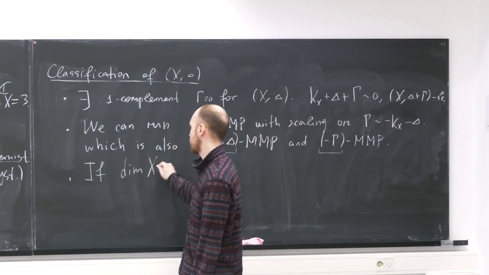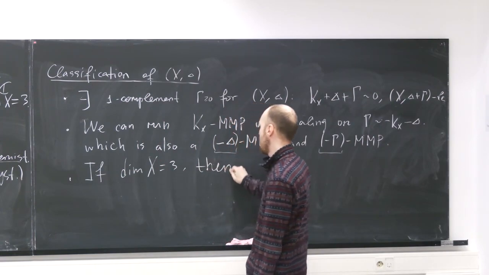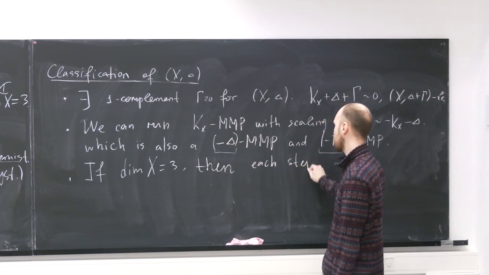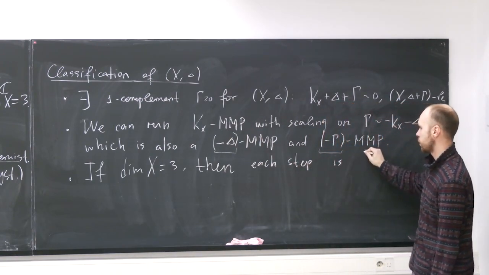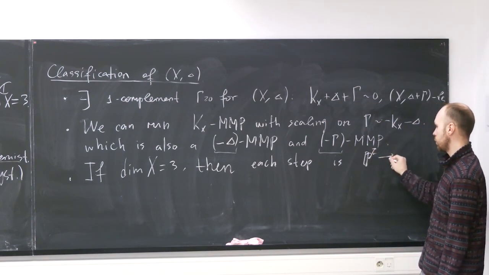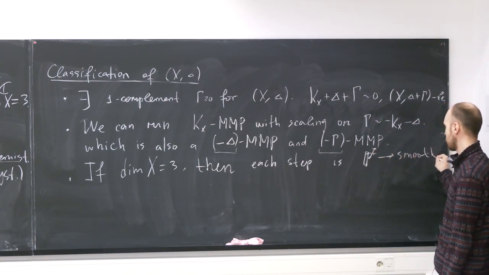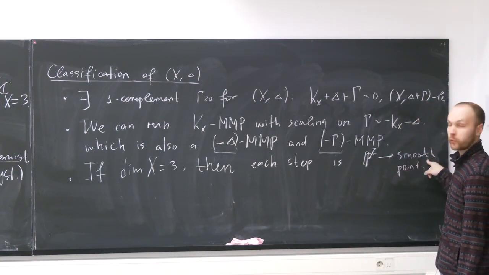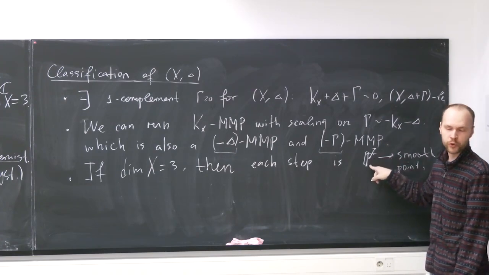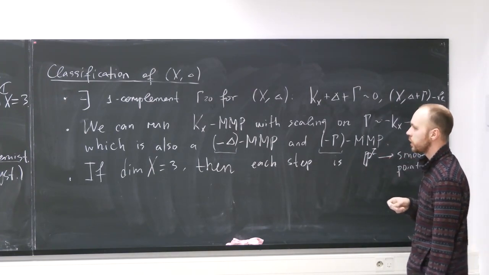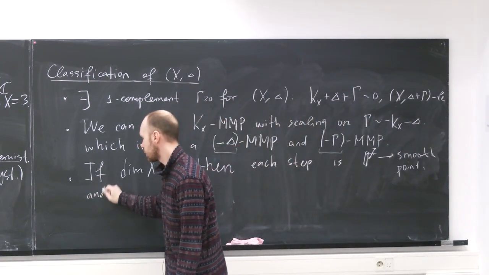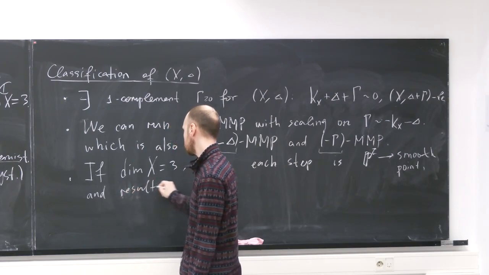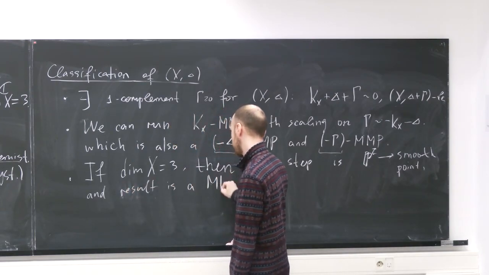If the dimension of X is equal to 3, then each step is a contraction of P2 to a smooth point, and the result of the minimal model program is a Mori fiber space.